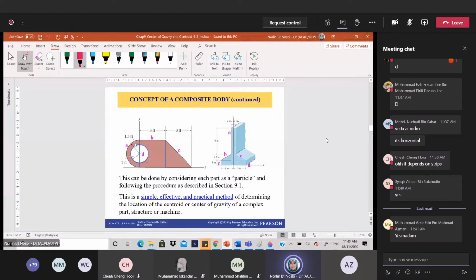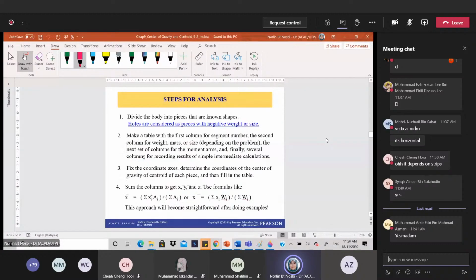This A part is a semicircle, this B is a square. So this part is A, square B, triangle C, and then this whole circle is D. It is the first step. For the hole, you need to write it as a negative size.